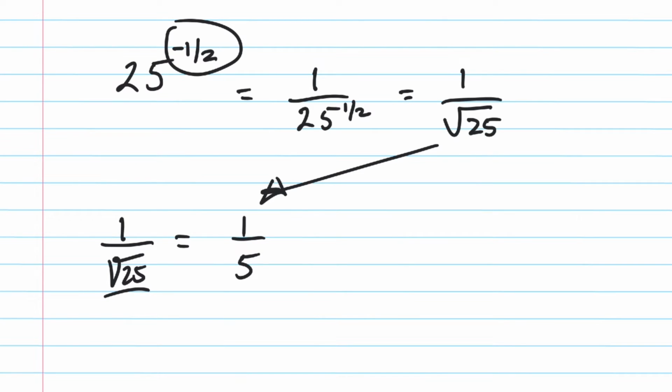Now, let's go to the beginning. If we have to find the result of 25 to the negative 1/2, what's that? That is 1 over 5. I know it looks crazy, but if we combine both rules, that's where we arrive.